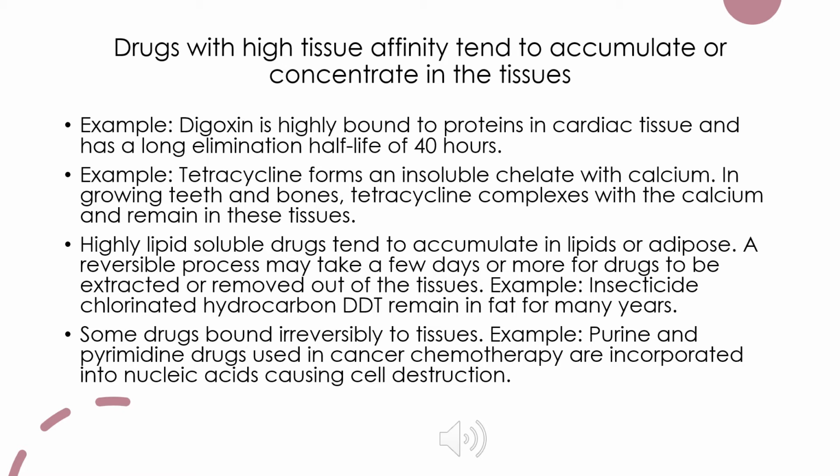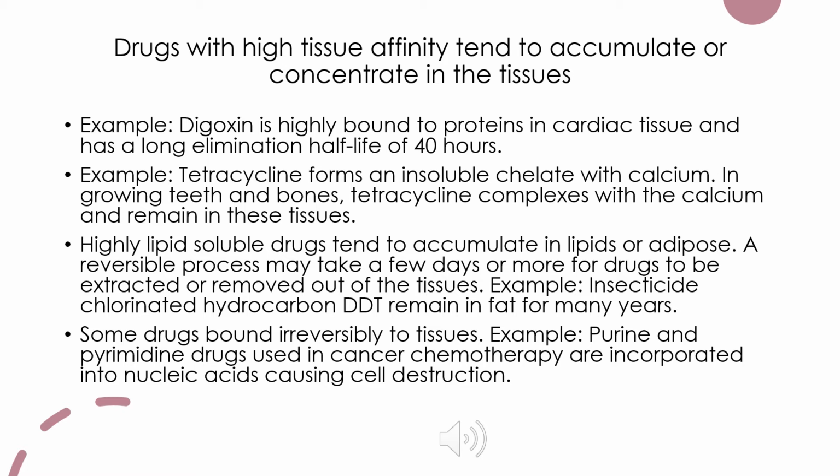Drugs that are highly lipid soluble tend to accumulate in lipid or adipose tissues. This process is reversible, but it will take a few days or longer for the drugs to be extracted out of the tissues even after the drug is depleted from the blood. Because the adipose tissue is poorly perfused with blood, drug accumulation is slow.